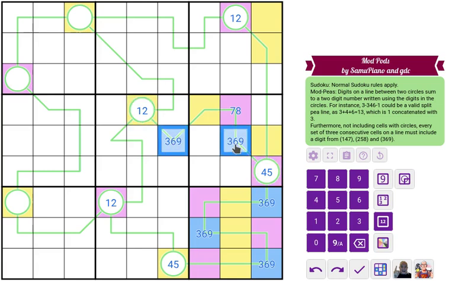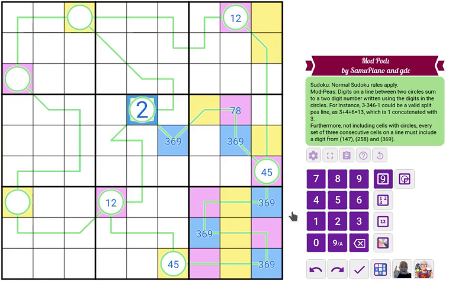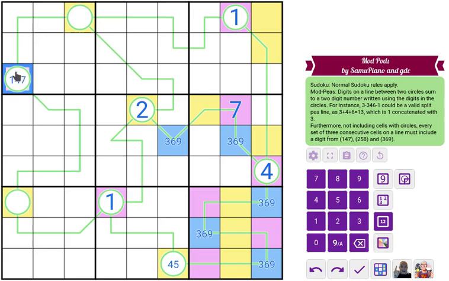So 3, 6, 9 and 7. 9 and 7 is already 16, so this can't be 15, but 24. And now we know the class of the purple is 147, yellow is 258.